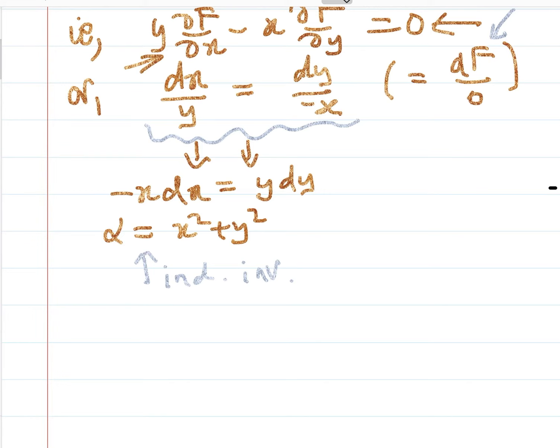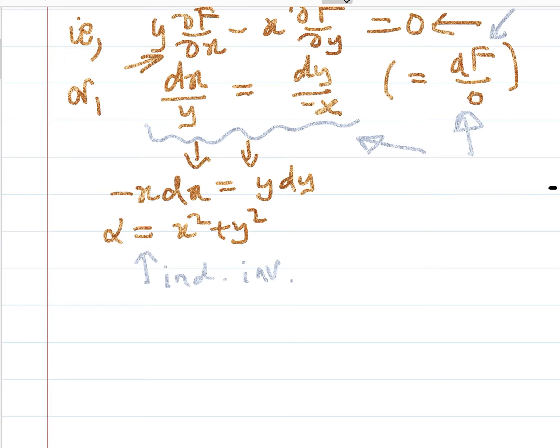Like I said, if there was a third variable z, we would have to find a second invariant. So for n independent variables, we will need n minus 1 integration constants, which will serve as n minus 1 independent invariants. We use this differential, and usually we'll pair it with one of those to construct another integration constant, but that will be a dependent invariant, dependent on the independent invariants.